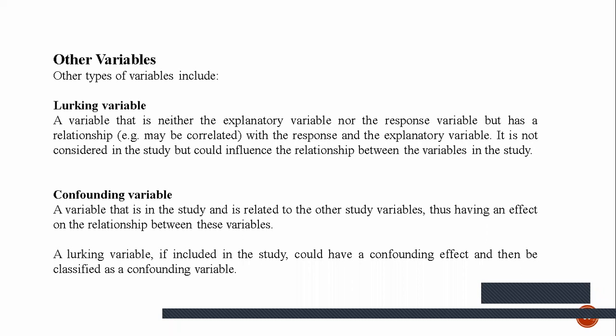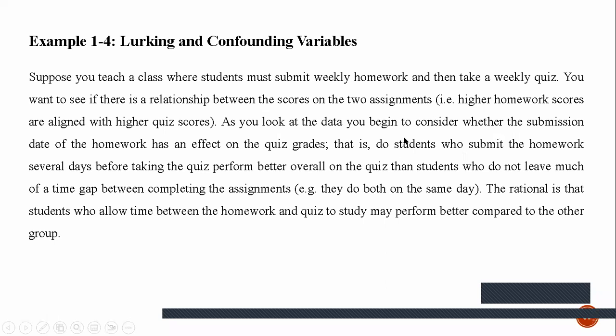So a lurking variable, if included in the study, could have a confounding effect and then be classified as a confounding variable as well. That is it. So here I have given another example for the lurking variable as well as the confounding variable.